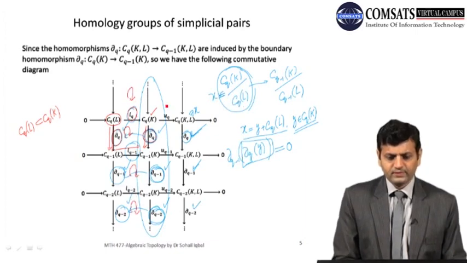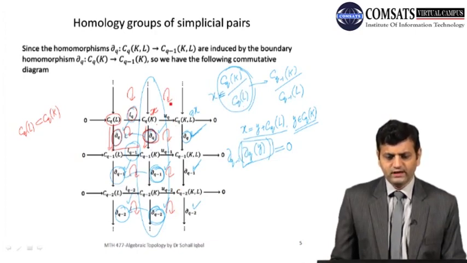Similarly over here, we are actually calculating the boundary. Let's take an element x from here, calculate this boundary and then take the quotient, or take the quotient first and then calculate the boundary. They are the same elements, because we are considering the same boundary map. So this portion is also commutative, and we have this diagram as a commutative diagram.